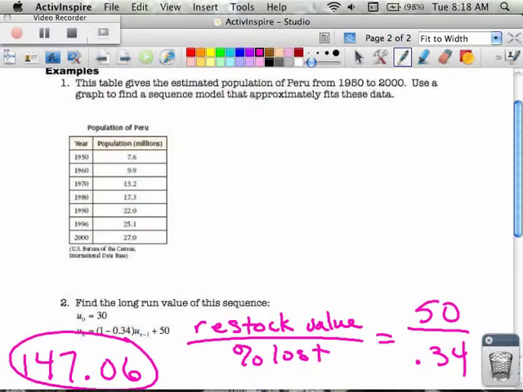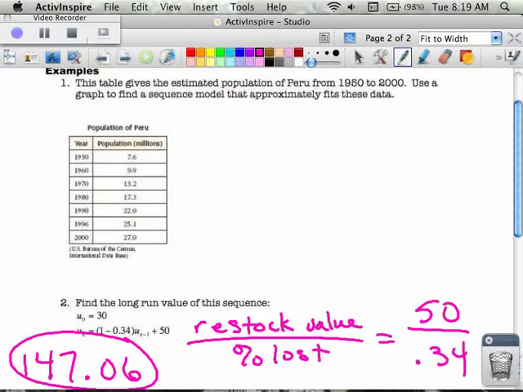Number one is very different. Number one is talking about a sequence of things, and the sequence is really strange. If you look at how much things are going up by each time, they vary a lot. So, for us, what we want to be able to do is figure out what's going on.